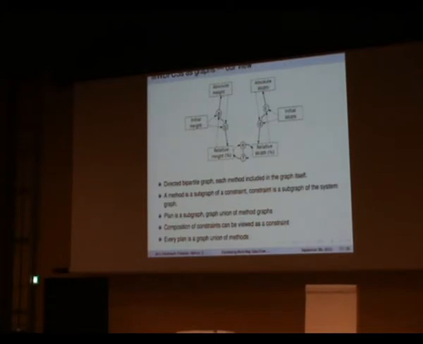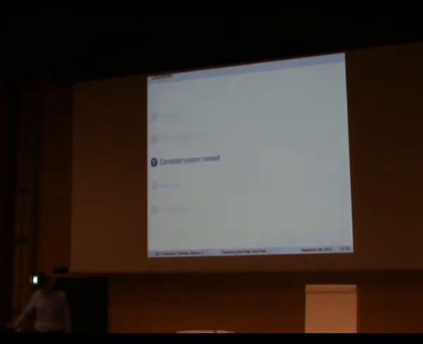So we compose methods, solve that constraint system, take all the possible plans, and retain them as methods. A plan becomes a subgraph, and a constraint is again just a graph of methods. All these operations are just graphing rules, nothing special.